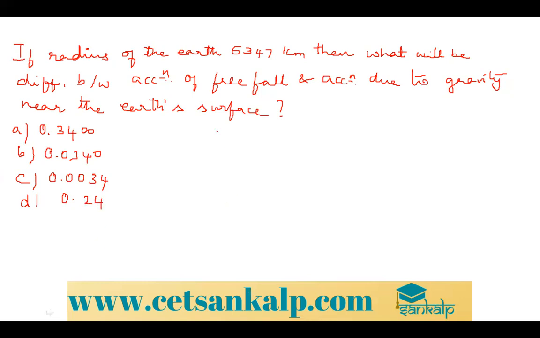Okay, you know the formula. g dash is equal to g minus omega square R into the two.